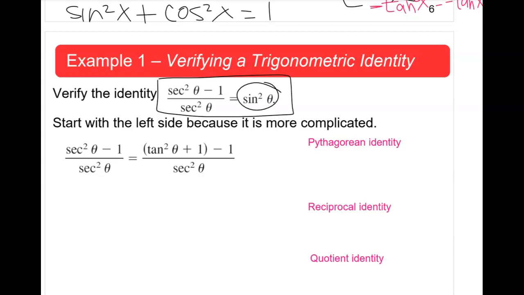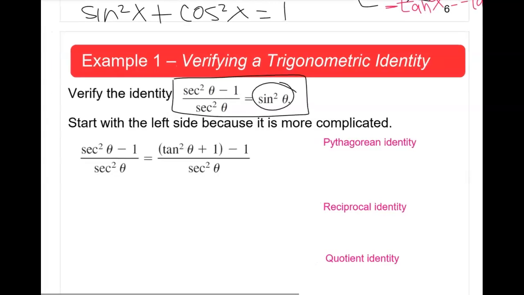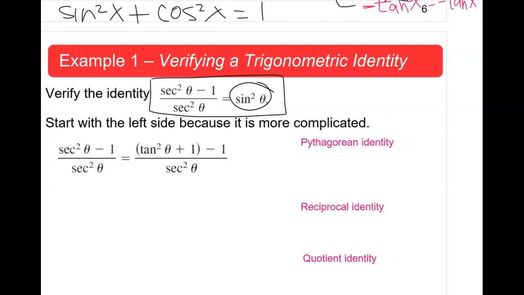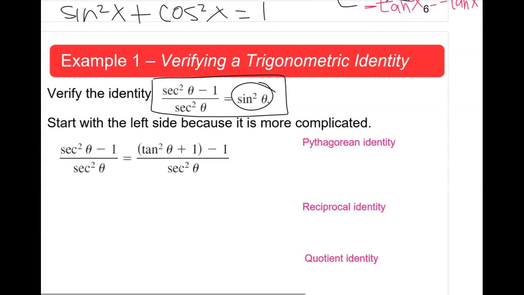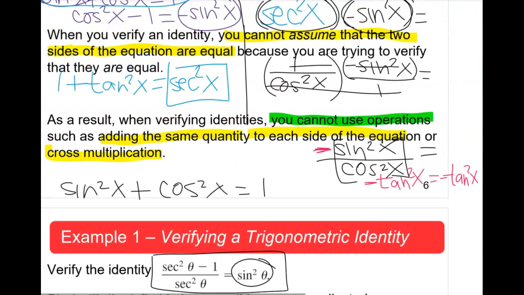In that case, I'm going to go back for a second. What I'm looking for is the identity that we will use to replace secant with the expression that we see here. Okay, and that one is the one that we use here.